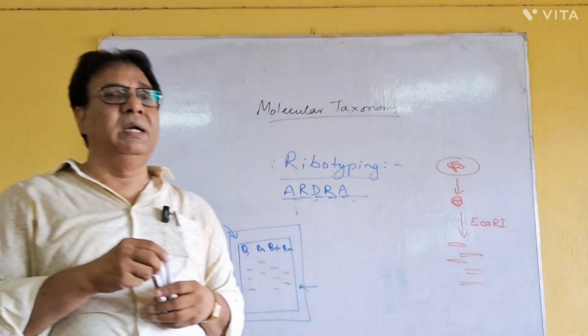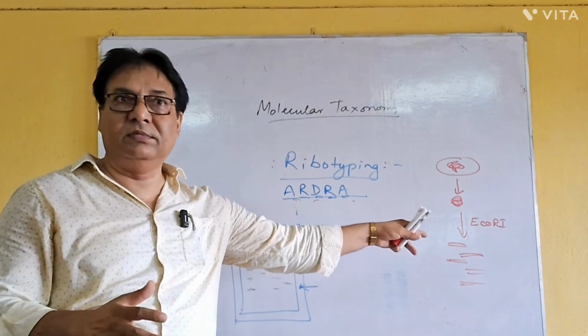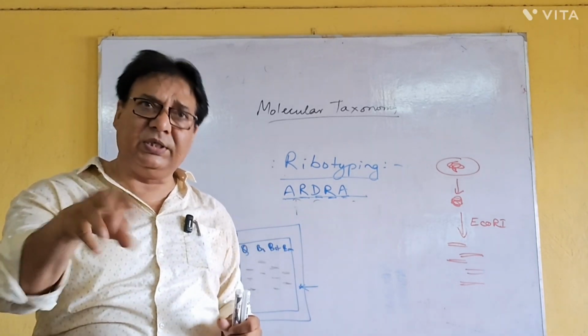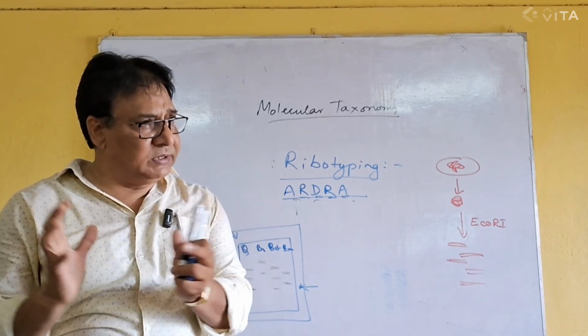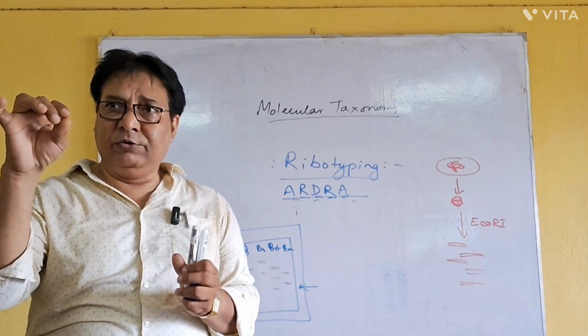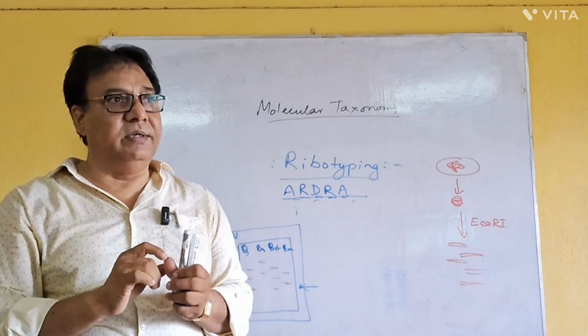In real-time PCR, the PCR machine is associated with a spectrophotometer. It's a combination of spectrophotometer and PCR. And in the reaction, you have added a dye called SYBR Green.